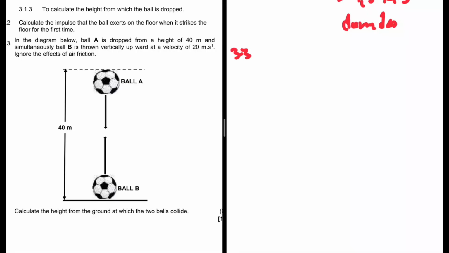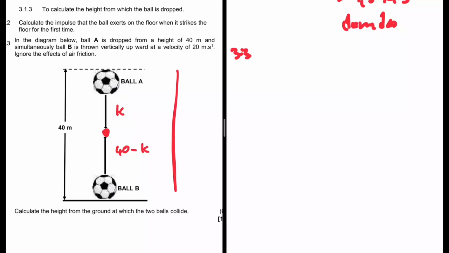So let's say the two balls meet at this point, right? If they meet at that point, we can take the displacement of ball A when they meet to be k, right? Obviously, if the distance that ball A has traveled is k when they collide with each other, then the distance that B would have traveled is 40 minus k, right?